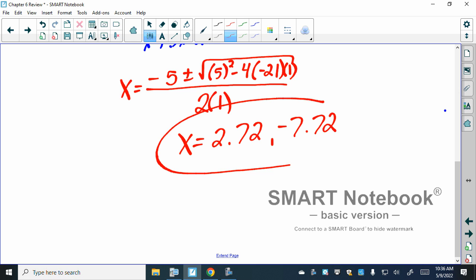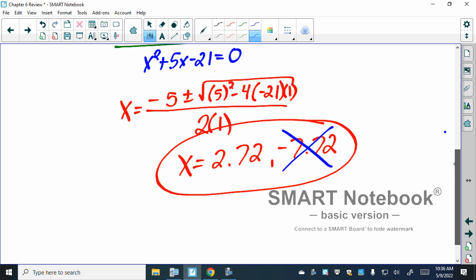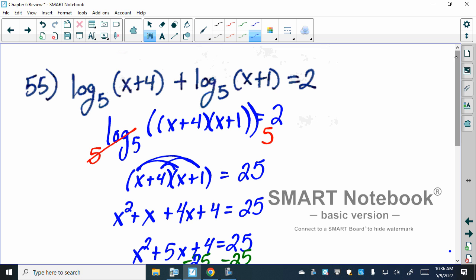Are our two answers. But we know the negative one is not going to work. Because if we look back at the original problem, the two spots that x shows up is here and here. Is there anything in those two spots that's going to turn the negative positive? No, because our x is negative 7.72.